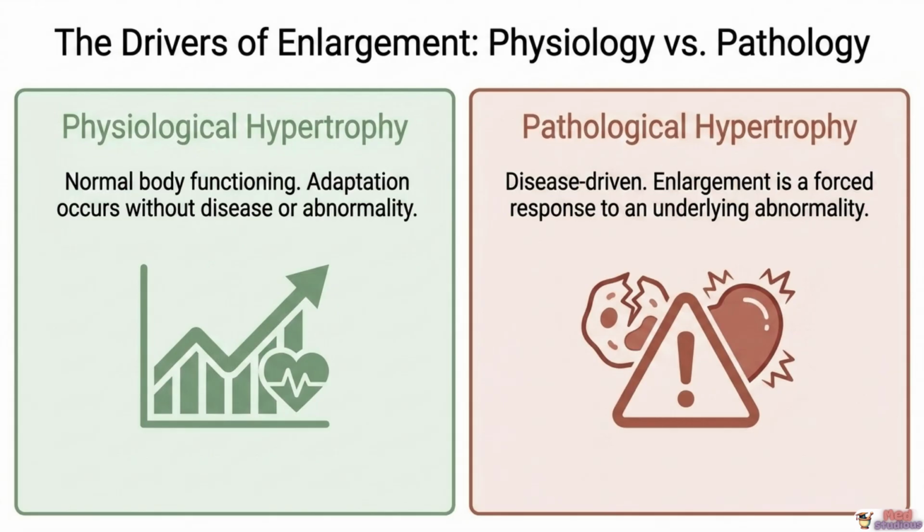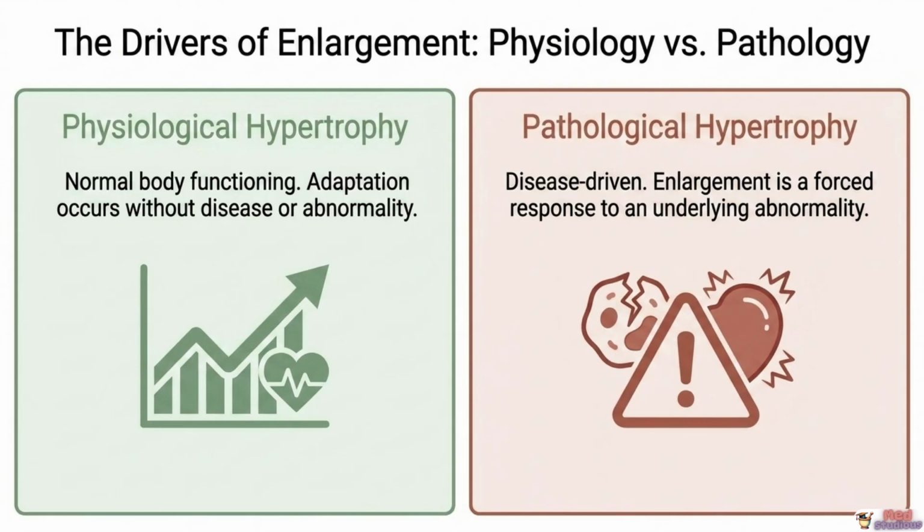The athlete's enlarged skeletal muscles are the textbook example: pure physiological hypertrophy. Pathological hypertrophy, by contrast, is disease-driven. The stimulus is not a healthy physiological demand, but an underlying abnormality, a disease process that forces cells to enlarge not because growth is appropriate, but because the cell is struggling under a pathological burden it was never designed to carry.